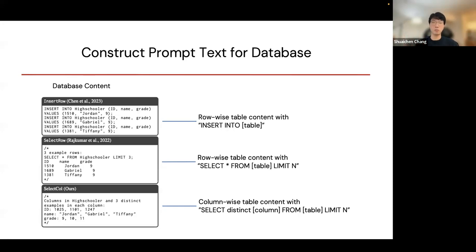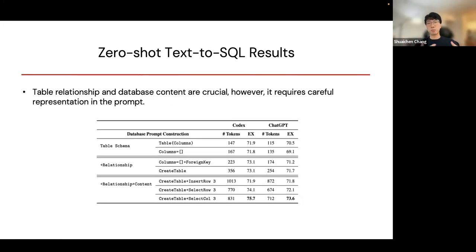So to sum up what we found in the zero-shot setting: the table schema is definitely always necessary, but adding the table relationship, which is represented in foreign keys, we consistently see the model can outperform the prompt not using the relationship.